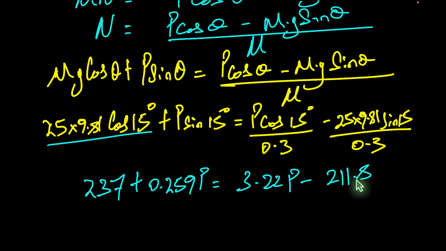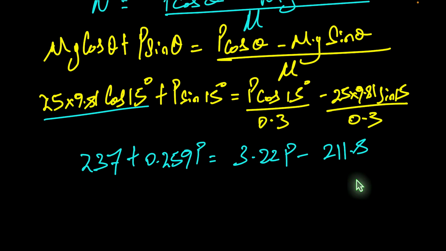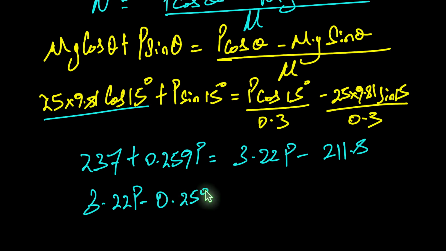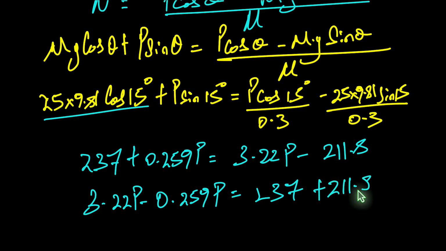So then to solve, we just need to group our like terms, which is we want to get the P's on one side by themselves. So that would be 3.22 P minus 0.259 P equals 237 plus 211.8.